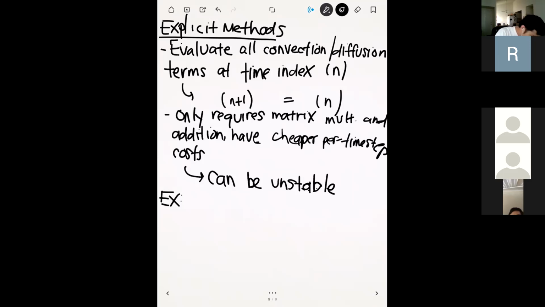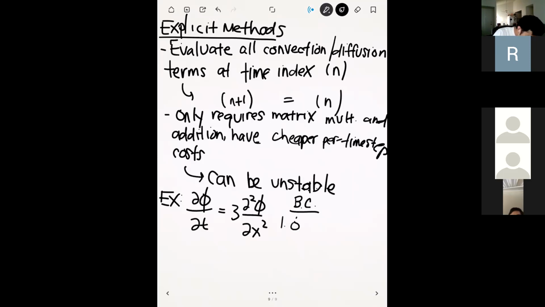Let's say that we have an equation that looks like this: d phi dt is equal to 3 d squared phi dx squared. So we have just a simple unsteady diffusion in 1D. Our boundary conditions are given by this.